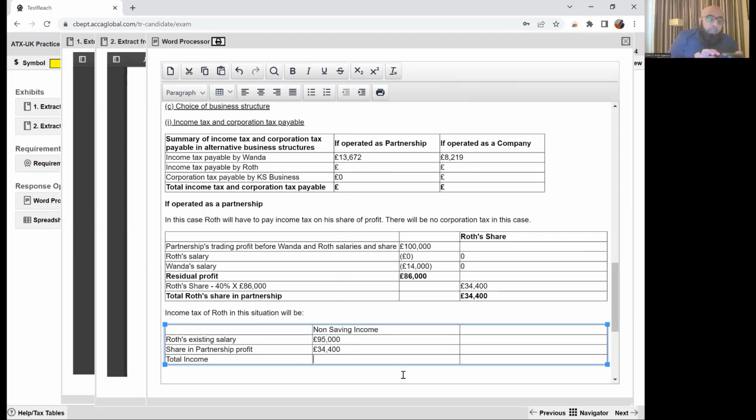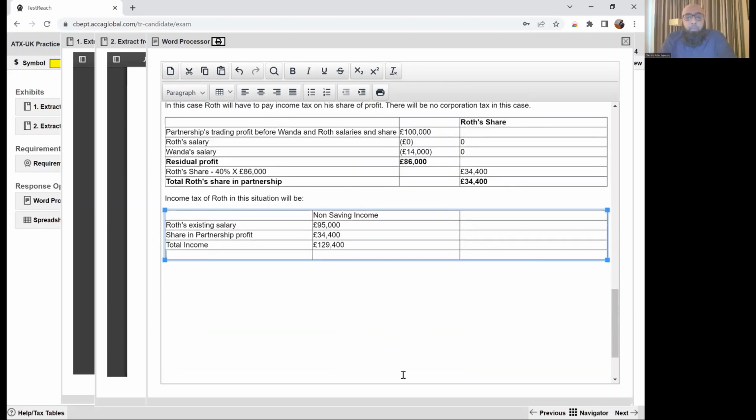So the total income will be 95,000 plus 34,400, which is 129,400. Now we will deduct the personal allowance. Since the income exceeds 100,000, the personal allowance will be diminished.